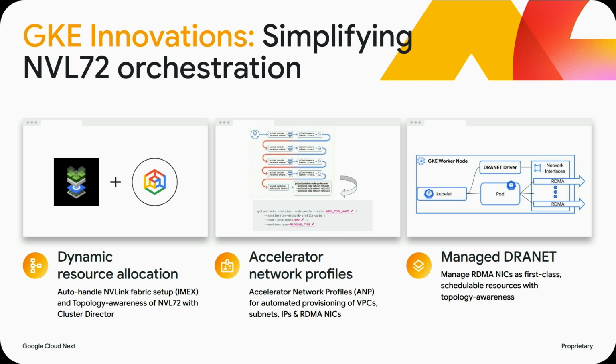So the accelerated network profile automates the provisioning of VPCs, subnets, IP ranges, and the RDMA NICs, ensuring that the network is optimally configured. As part of the managed DRANET, we treat RDMA network interfaces as first-class schedulable resources within Kubernetes. This allows fine-grained control for network-optimized AI workloads.